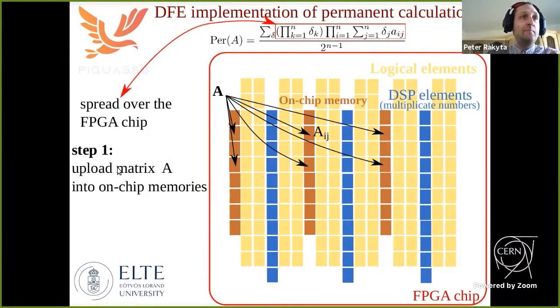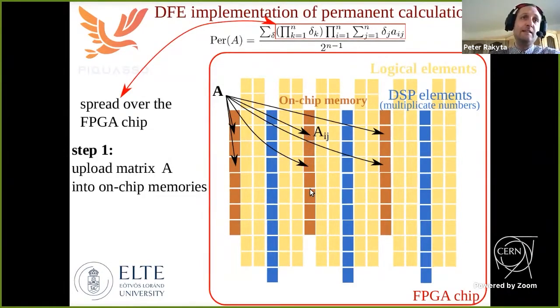Okay, the first step is to upload our matrix onto the FPGA chip. If you look at an FPGA architecture, the units that you can use for your code are organized in columns depending on their type.